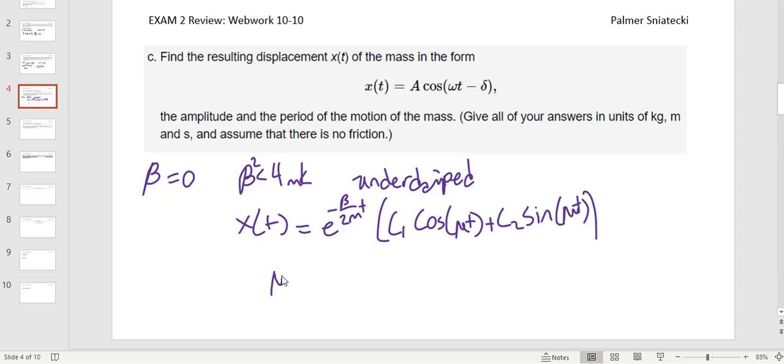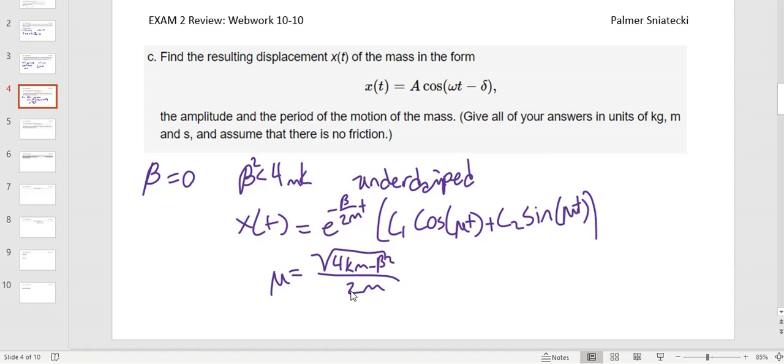And that's when mu is equal to pretty much just one of the parts of a quadratic formula. We're going to have the square root of 4km minus beta squared, over 2m.